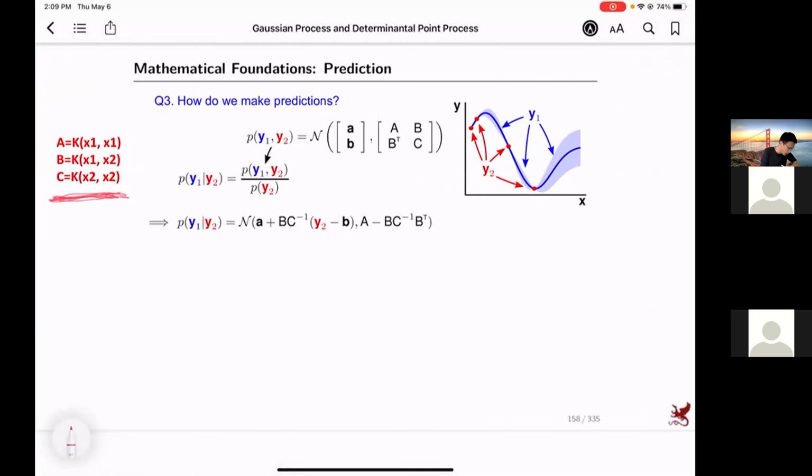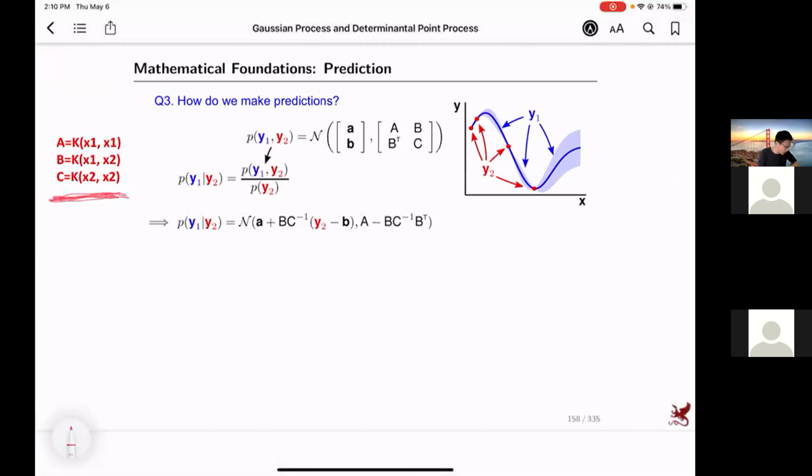Here, if we explicitly write out what A, B, and C are, they are actually the kernel functions applied on the x values. So for example, A is just the kernel function applied on the x1s, and then B is a kernel function applied on x1 and x2. So in this case, we know the covariance between Y1 and Y2 actually depends on two things.